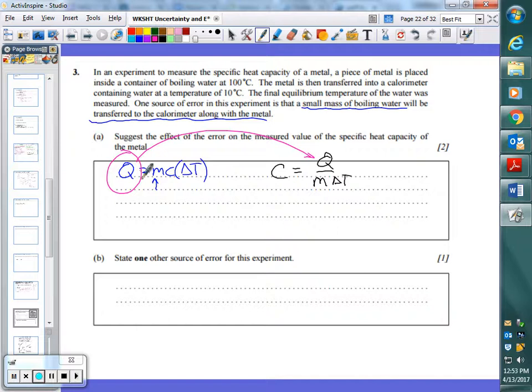So in this case here, incorrect M for water means Q for water is too small.